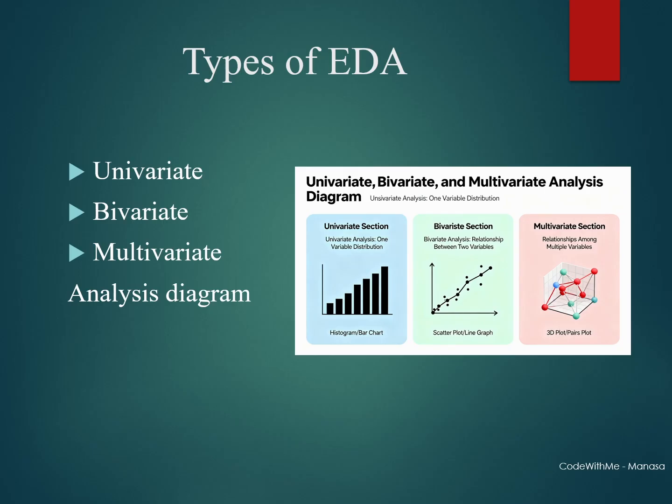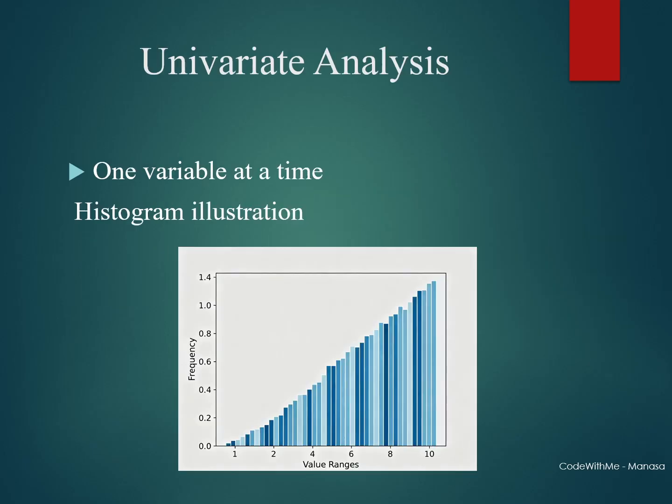So let's see univariate analysis. Univariate analysis means studying one variable at a time. For example, age is one variable, and next salary, product price, temperature. We use univariate analysis to understand the distribution of a variable. Common plots include the histogram.